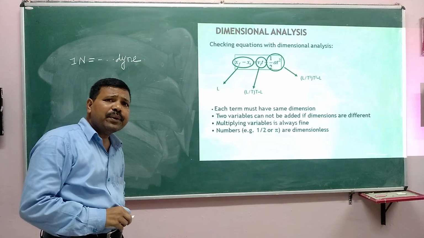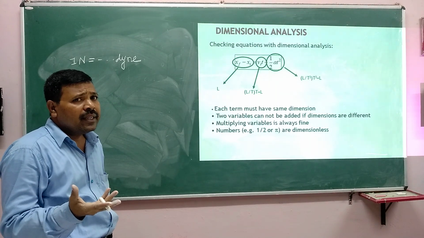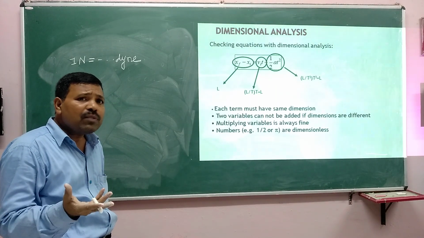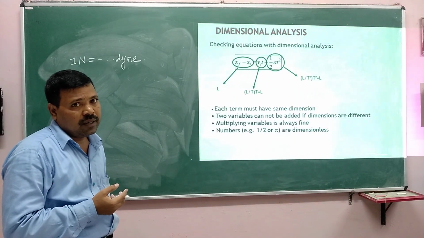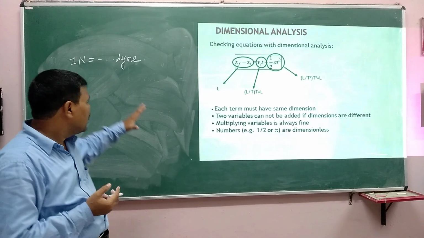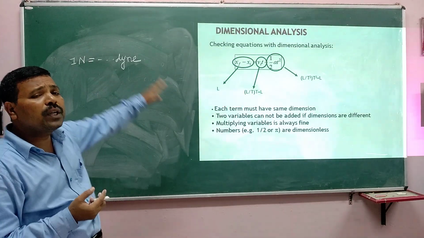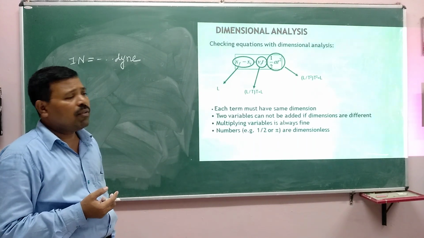Newton is the SI unit of force. Dyne is the unit of force in CGS system. Use that method to convert 1 Newton equal to how many dynes. This is a homework for you.